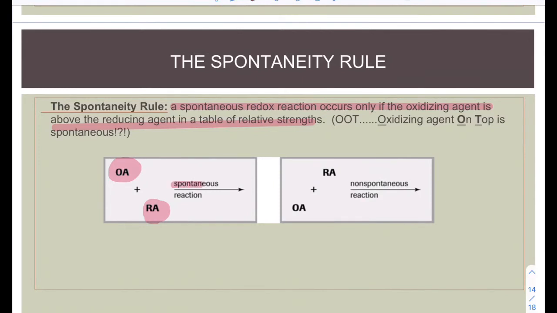You can predict that the reaction is spontaneous. I like to remember OOT: Oxidizing on top is spontaneous. If the opposite is true, your oxidizing agent on the left side of your arrow is below your reducing agent on the right-hand side of the arrow, then you have a non-spontaneous reaction.